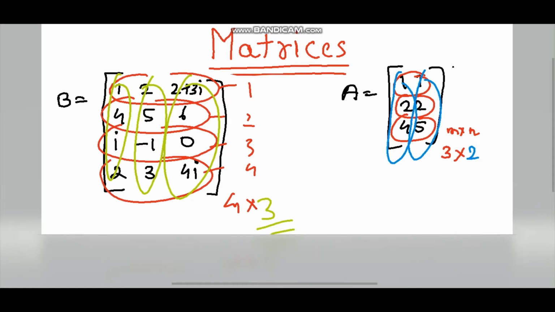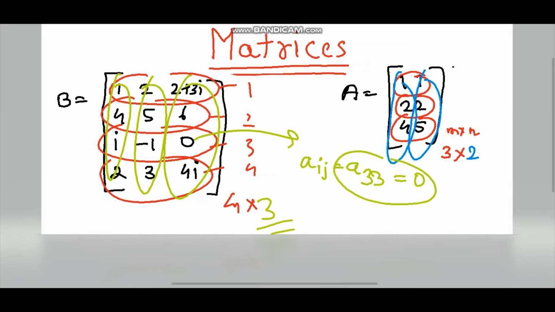A 4 into 3 matrix. If someone asks what is the position of 0, we can write it as aij. What is i? The ith number of row, which is third. And j is the jth number of column, which is also third, so a33. So my a33 is 0.